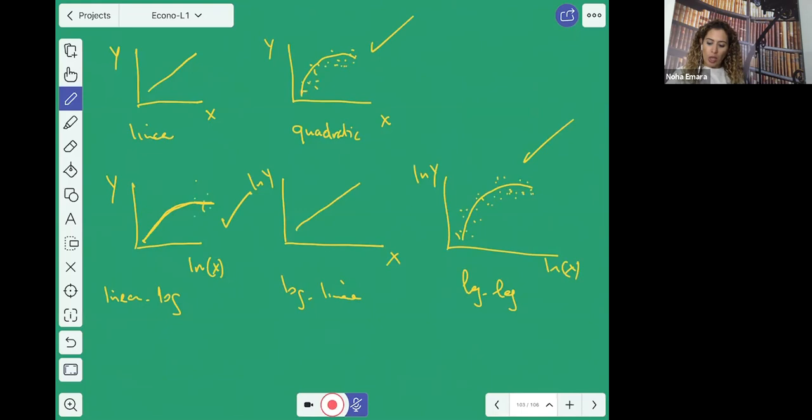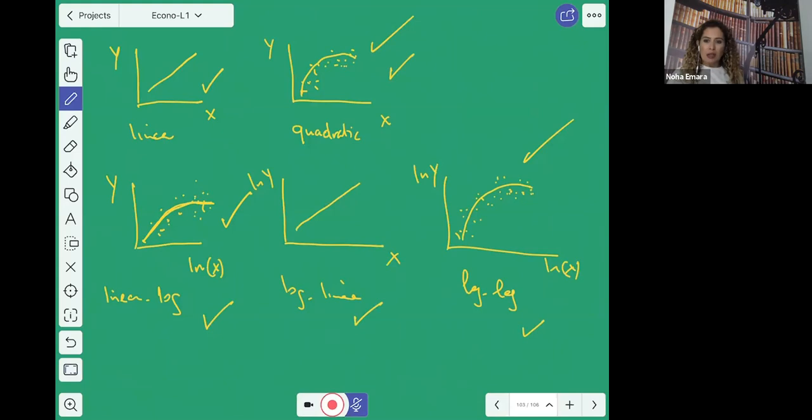But econometrics offers us a certain test to determine which one to use. Is it linear, log linear, quadratic, linear log, or log-log? Because to our eyes, they look the same.